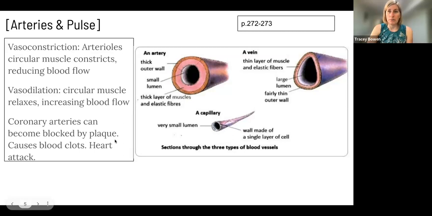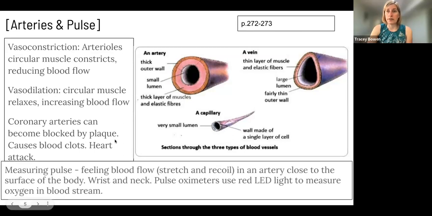If a blood clot blocks the coronary artery to your heart, then blood flow stops to that region of your heart, it can't get any more oxygen, and then that heart tissue starts to die, and that's what a heart attack is.